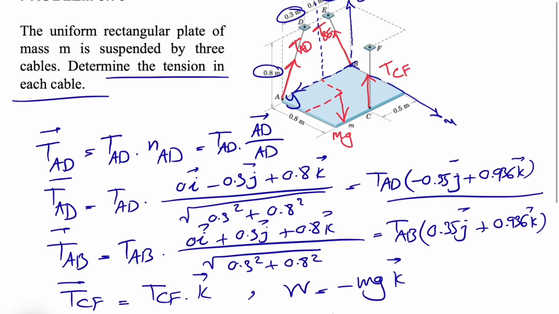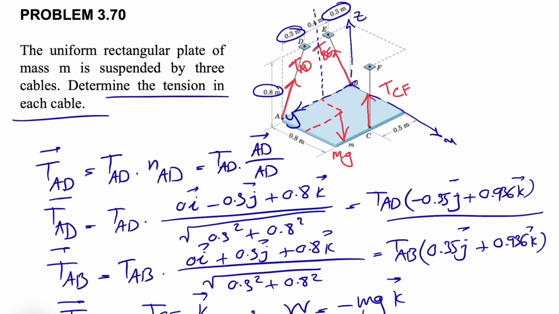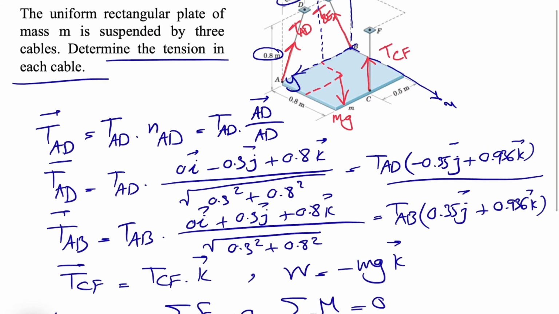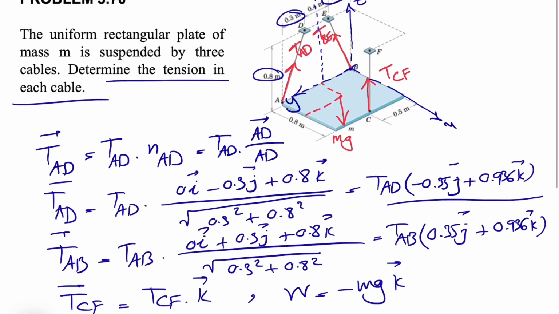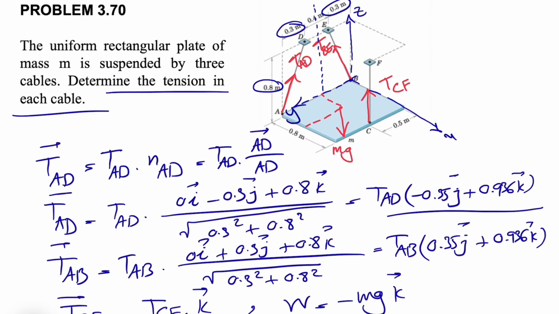So let's find the moment about the y-axis. Let's see what we have for the moment of all forces about the y-axis. Let's start with the AD. Looking at the AD, we'll see that it cannot make any moment about the y-axis since it's along the y-axis, and we have the same scenario for BE.